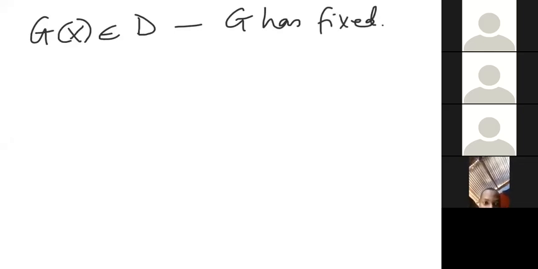Okay, and that fixed point will be the solution to that system that you have. Now let's talk about the other condition which will guarantee a unique fixed point. In addition to this, we'll look at the partial derivatives of each gi with respect to xj.